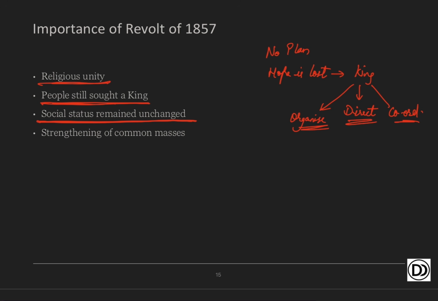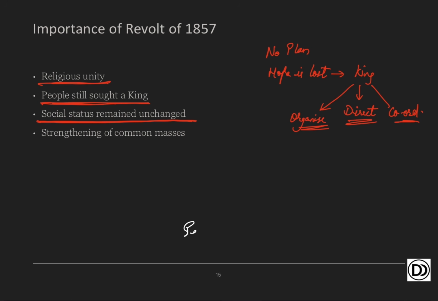It was not people who gave the ideas or who forced their kings to fight against the Britishers. It was the king. It was the sepoys, then the king. And the king, Bahadur Shah Zafar, ordered or requested the other kings to fight. And therefore, the people got motivated under the kings.